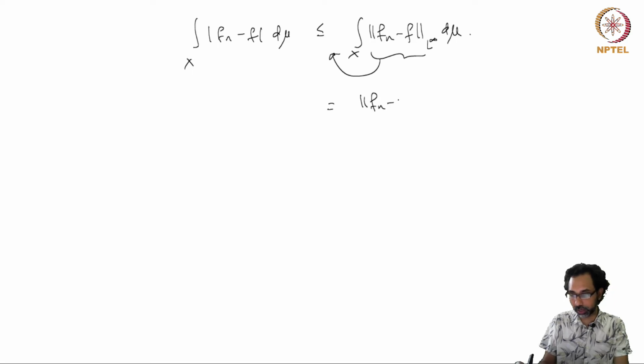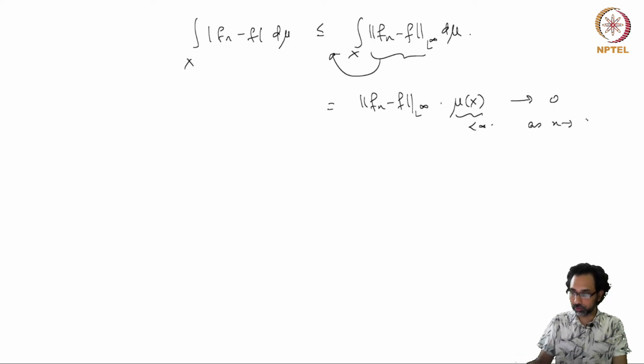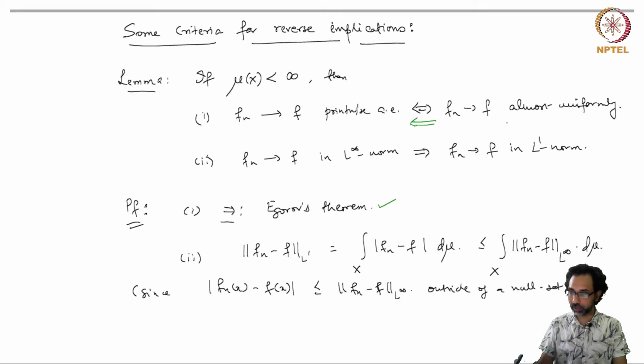This is nothing but the L infinity norm of Fn minus F times the integral over x of the function 1, and this is nothing but the measure of x, which is finite, and so this goes to 0 as n goes to infinity. So, in the finite measure space setting, we have seen a couple of reverse implications: from pointwise almost everywhere to almost uniform convergence, and from L infinity norm to L1 norm.